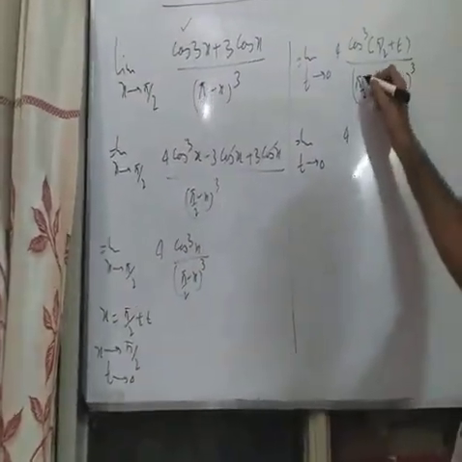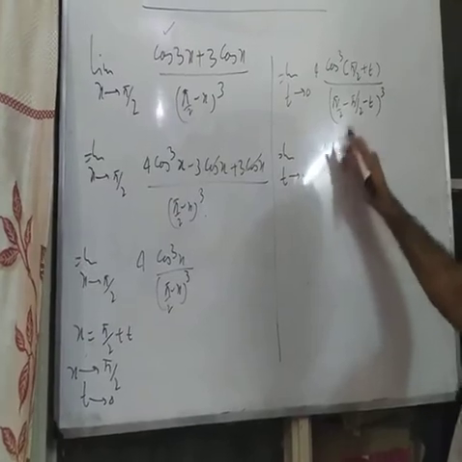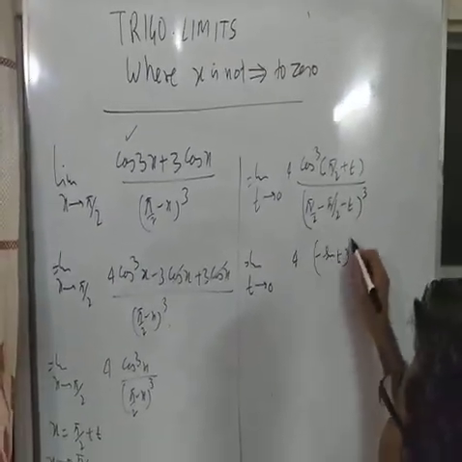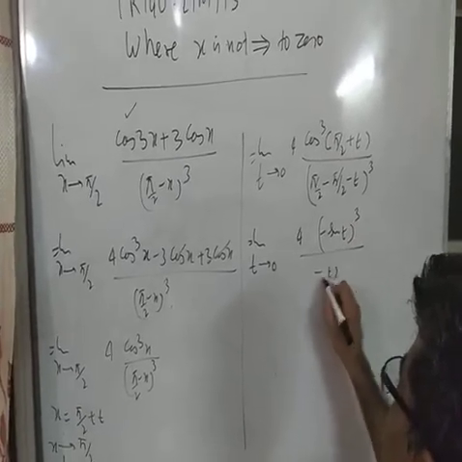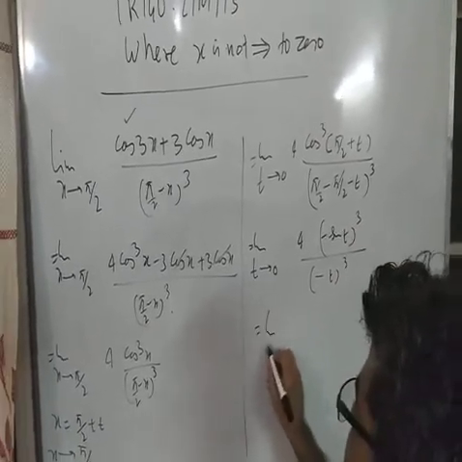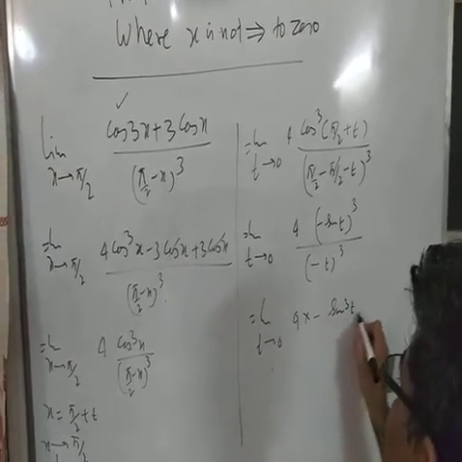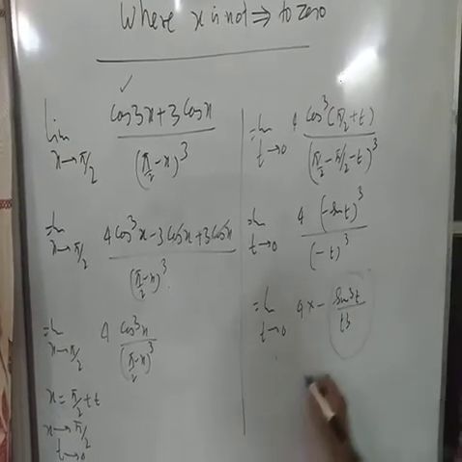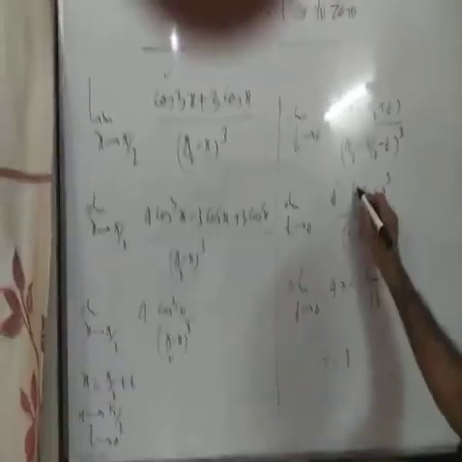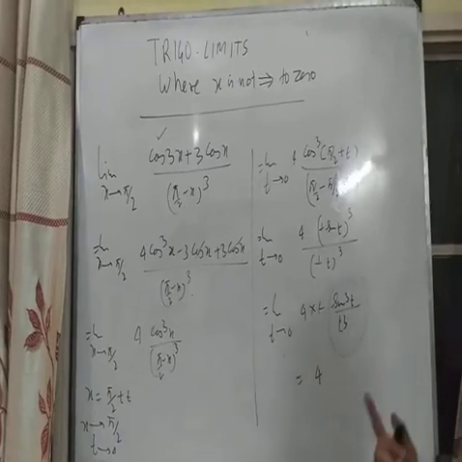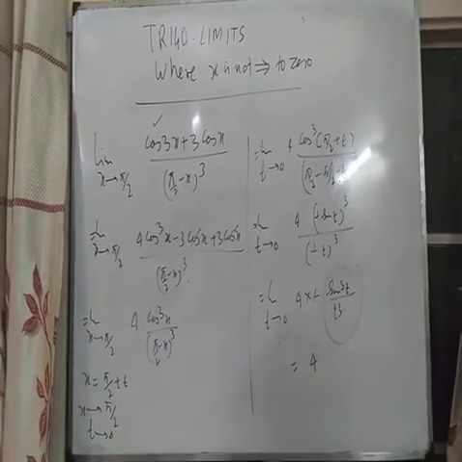So now pi by 2 gets cancelled, and this is equal to minus of sine t whole power 3, upon minus t to the power 3. So limit t tends to 0, 4 times minus of sine cube t upon t cube. This is going to be 1. So the minus gets cancelled, and the answer is 4. So you can see how we are solving these types of questions.